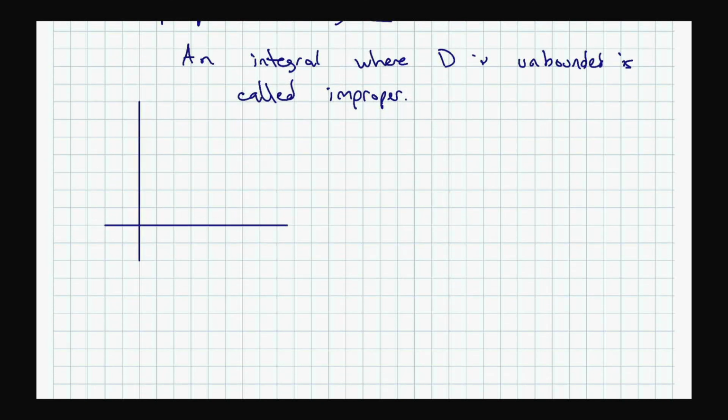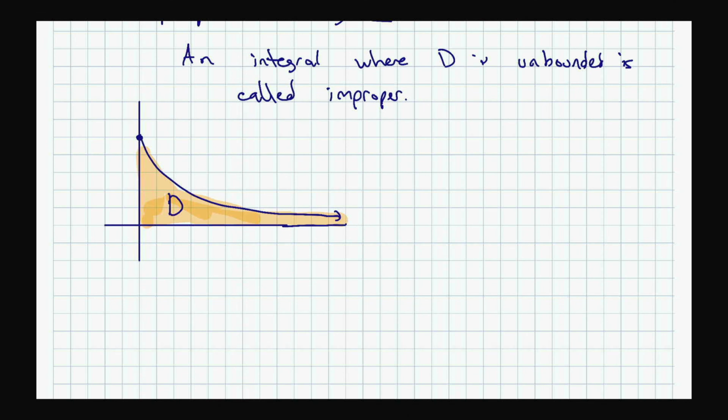For example, it could look like this, something like that, because the region goes out forever that way to the right.